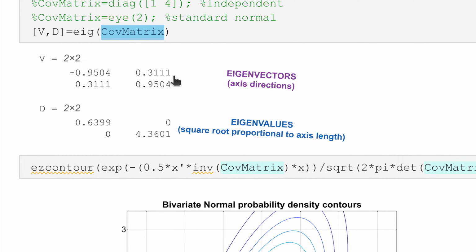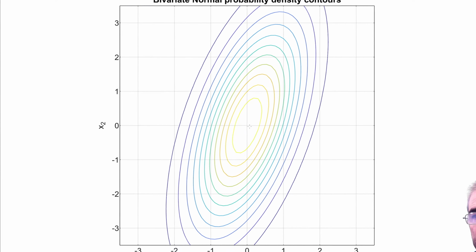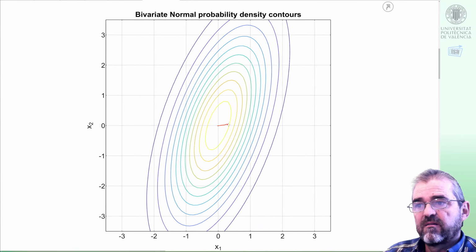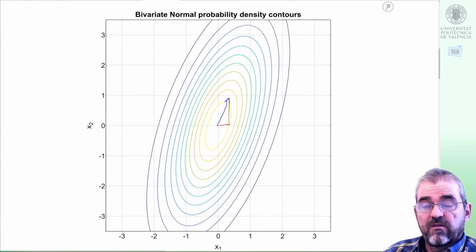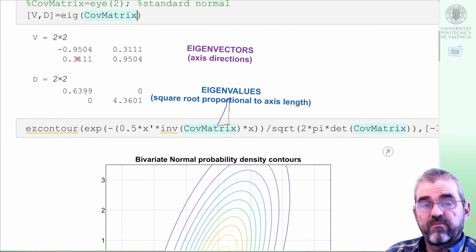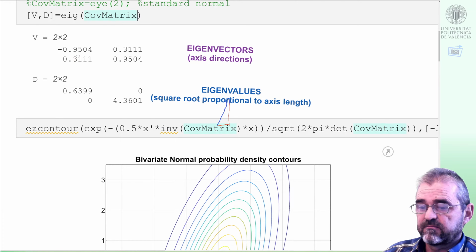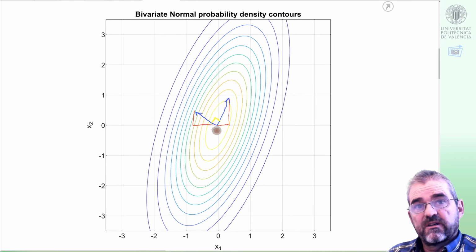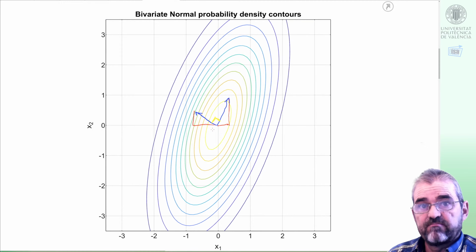So for instance, the large eigenvalue direction is (0.3, 0.95), and the perpendicular one, (-0.95, 0.3), is the one associated to the smallest axis.